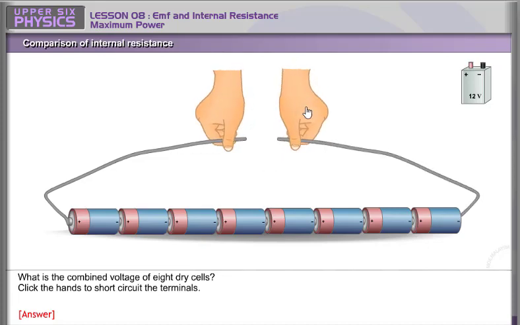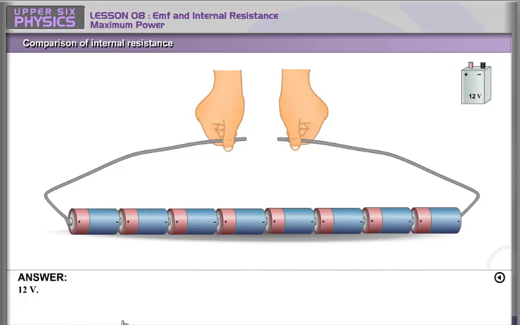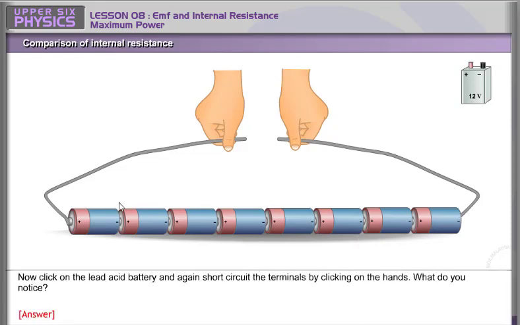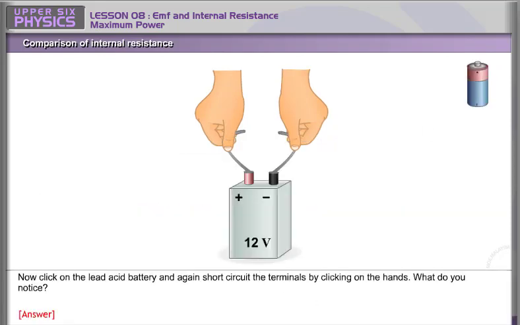The total is 12 volt. Now we change those 8 cells and replace them with a 12 volt acid battery. Now we join those, you'll see a sparkle.